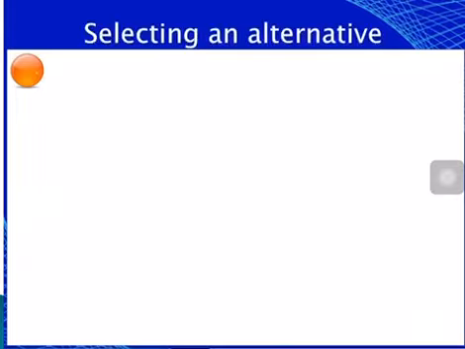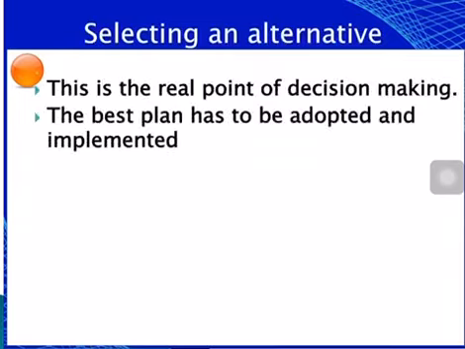Then, once we have evaluated the alternatives according to their advantages and disadvantages, the next step is selecting the best alternative. Here we are doing the real point of decision making. We know that selection is called decision making.